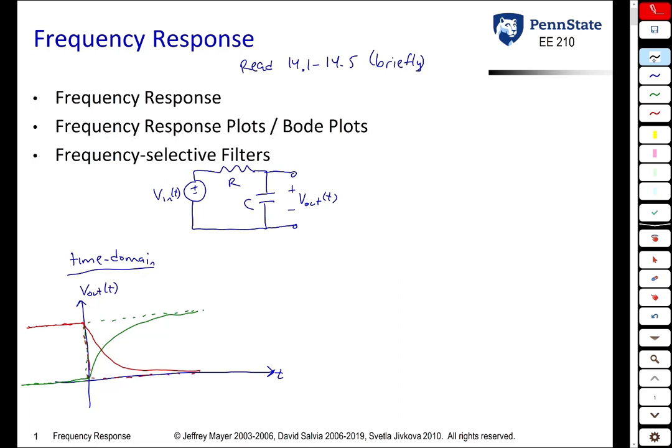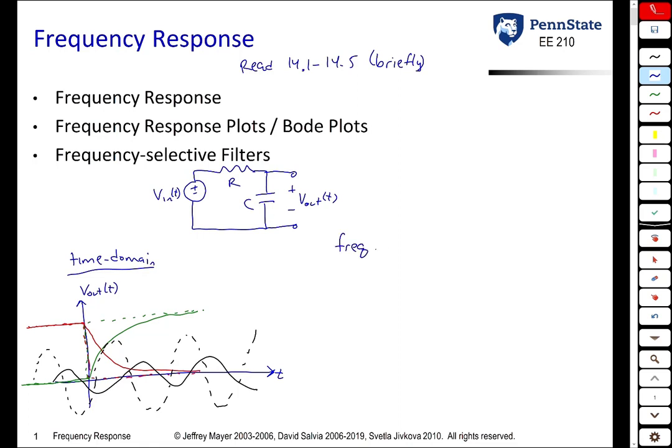Or in the last packet of notes, we saw that if the input was a sinusoid of a certain frequency, the output would be a sinusoid of the same frequency, but with a different amplitude and a different phase. So the corresponding output might look something like this. So that's all time domain.